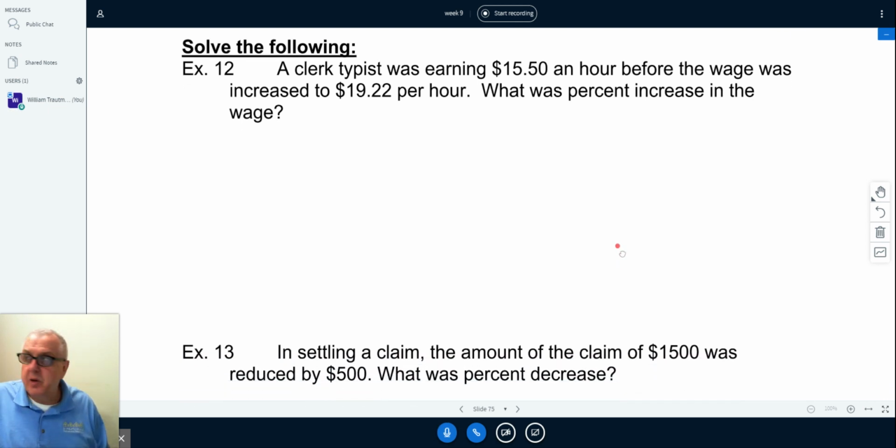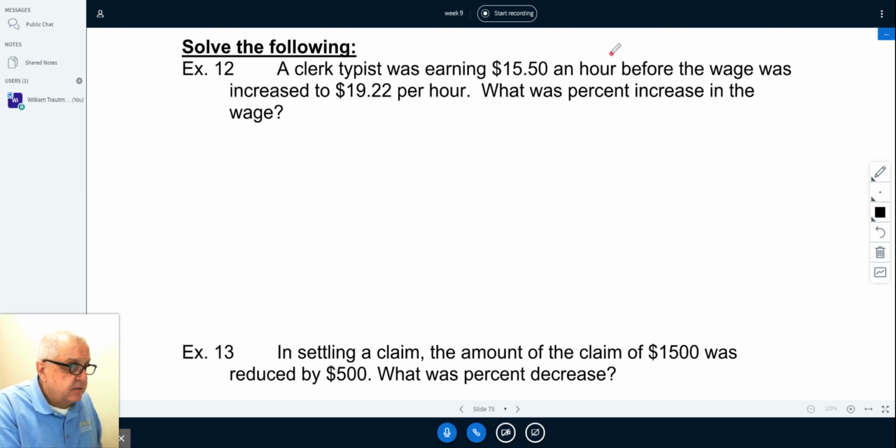All right, so here's a problem. A typist clerk earns $15.50 an hour. So this is the original wages, how much she originally made.